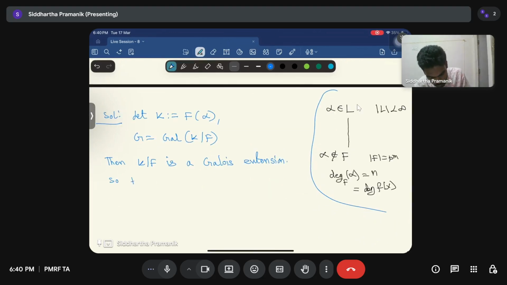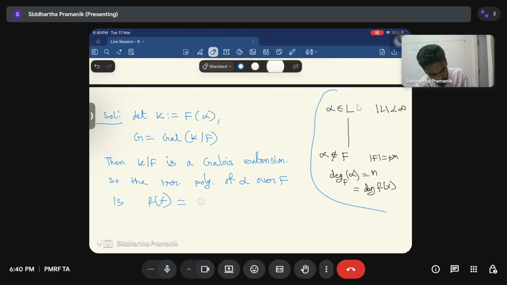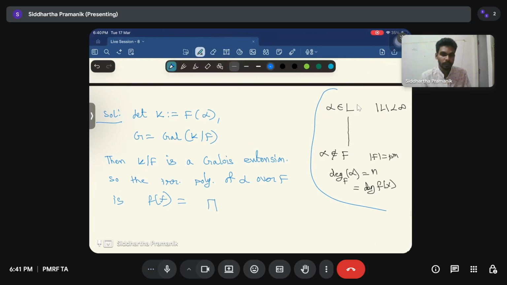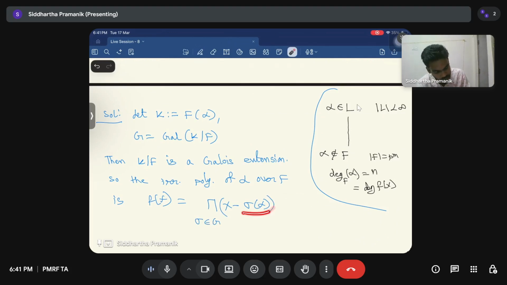So the irreducible polynomial of alpha over F has this form: it is the product of all the (x minus sigma alpha), such that sigma belongs to the Galois group, because these are all conjugates of alpha. So we can find all the conjugates of alpha using the Galois group, and we are taking all the factors. So that will give you the irreducible polynomial.